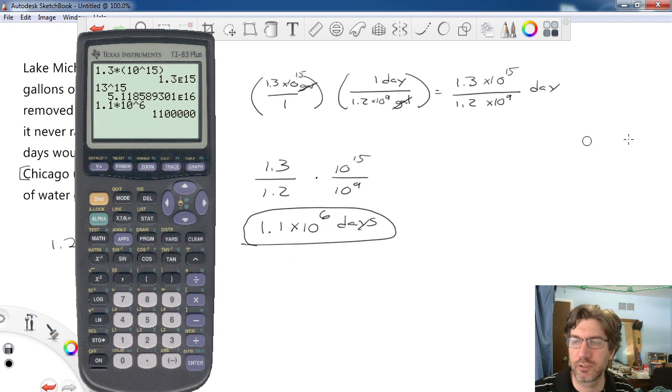No, because order of operations says to do exponents before multiplication. So if you were to solve this, you would be doing 10 to the 15th first, then you would be doing times 1.3. You would not be doing 1.3 times 10 and then to the 15th. So remember order of operations. You're going to do parentheses.